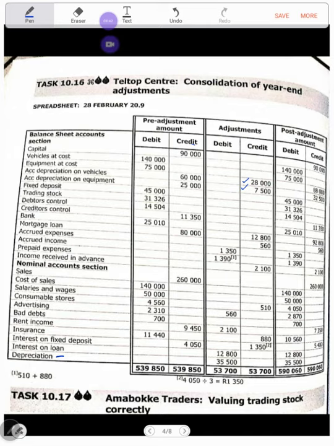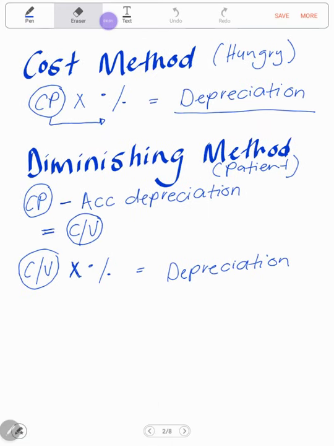We added the 28,000 plus the 7,500 to give us depreciation for the year worth 35,500 Rand, and I'll put it at the post adjustment trial balance as a debit. Okay, let's move on to the next adjustment.